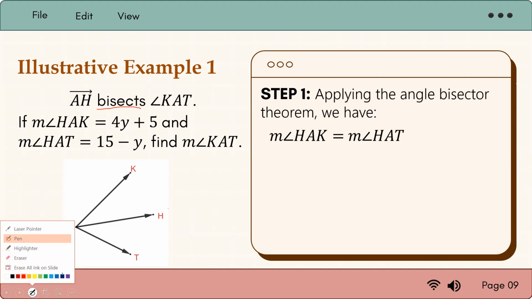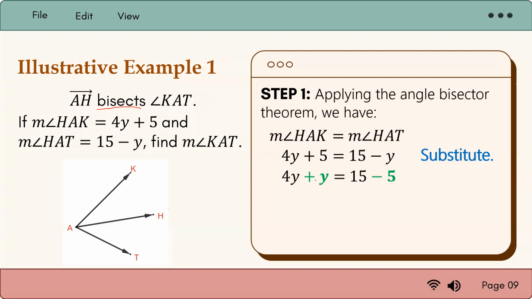The angle bisector theorem states that when an angle is bisected, then the two created angles are equal. It is divided into two equal parts, and that means they are equal. We can equate them. This one represents HAK, so we can substitute that, and also 15 minus y.